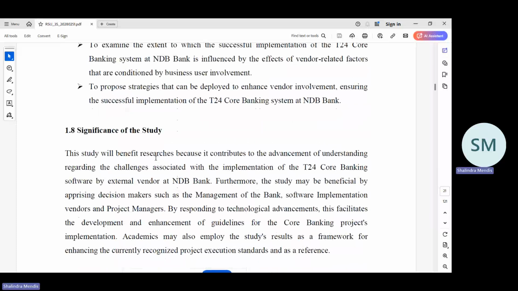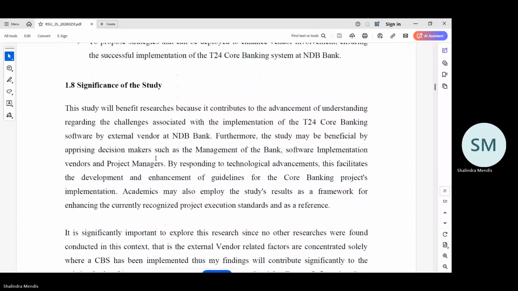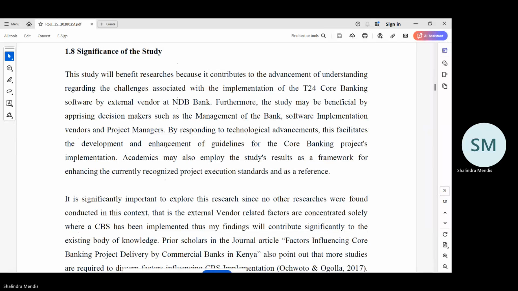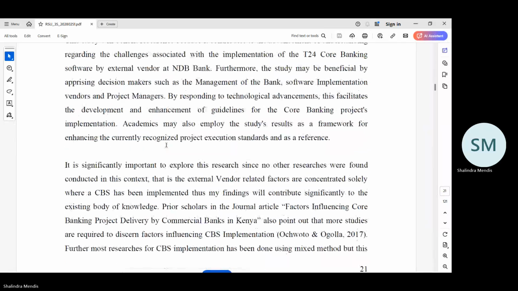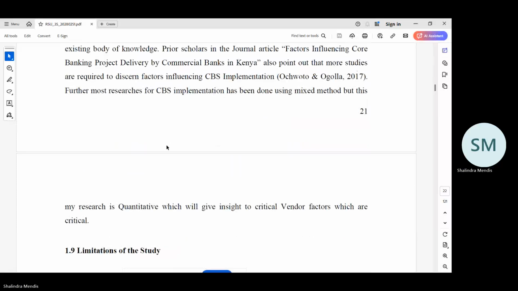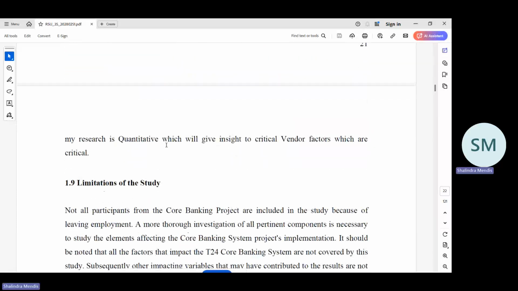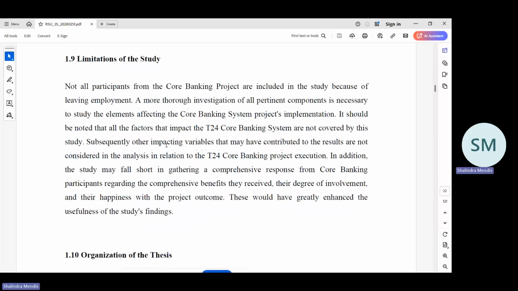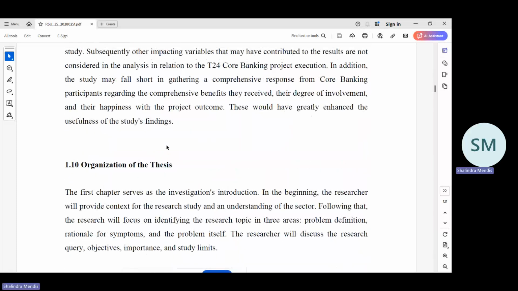Then the significance of the study, how it will add to new literature. Limitations also you can list here, limitations of the study, then the organization of the thesis or the outline of the chapter 1.